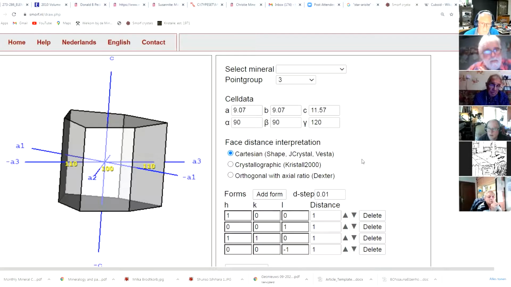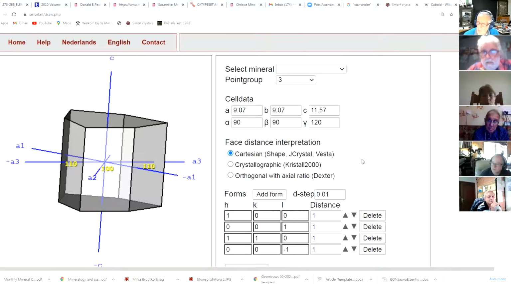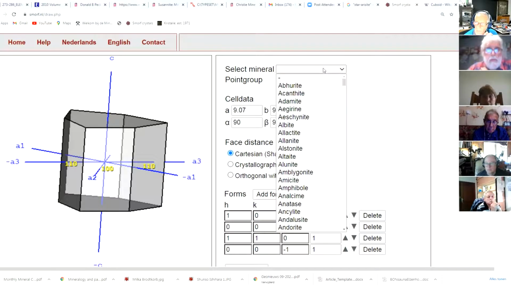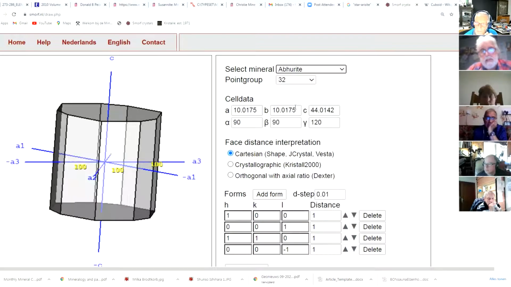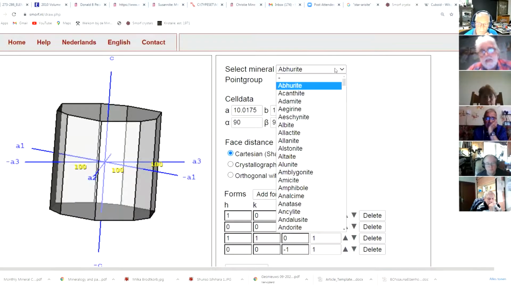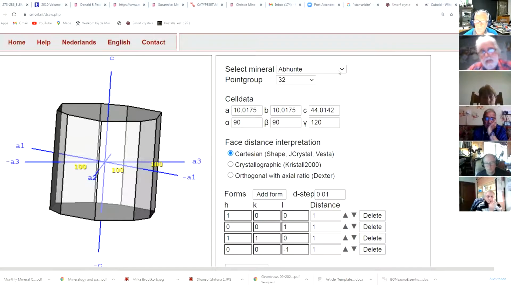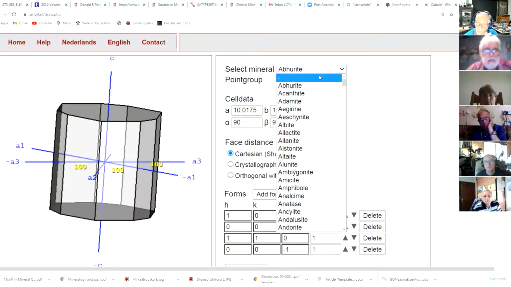Herwig, I have a question. Can you just select the mineral Susanite and put it in the box? No, because it's not in this list. If it's not in this list, you can only put these in the box, and then it will show the data. Since Susanite is not in this list, I cannot select it. The only way to work around it is what I showed you.